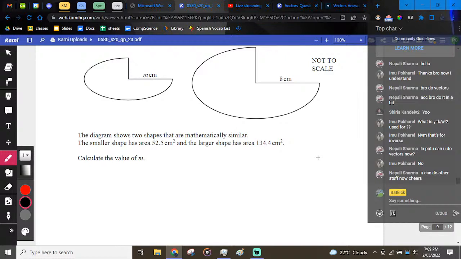So it's asking you for the ratio of L to M, which is equal to the ratio of the square roots of their areas.